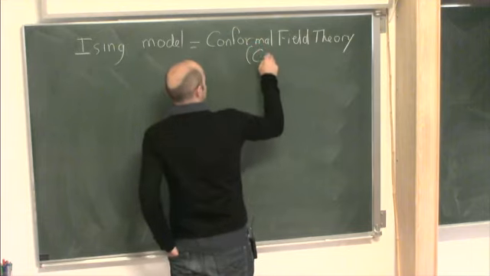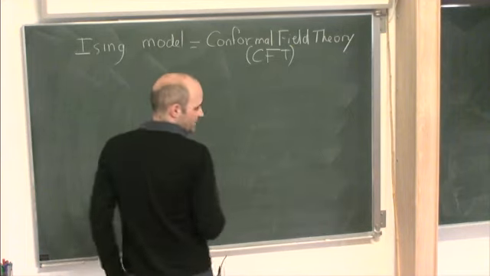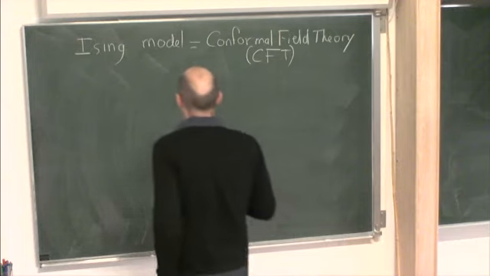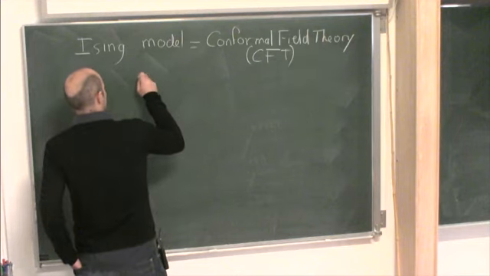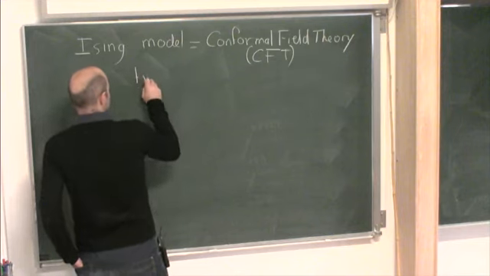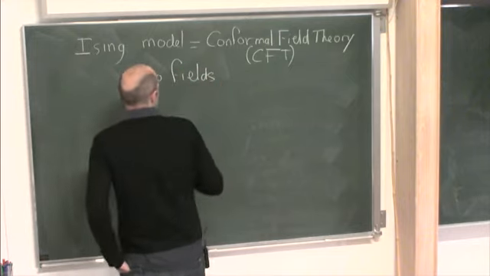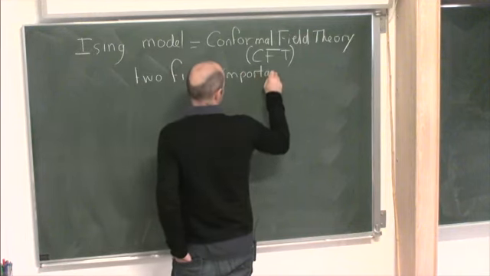So this will be CFT in my talk. And he said that there are two important fields in this conformal field theory, which are called primary. So there are, say, two important fields.